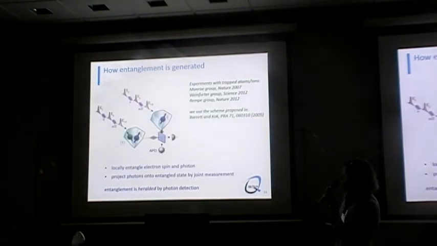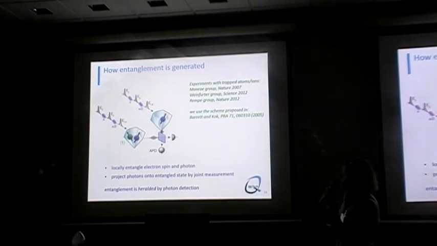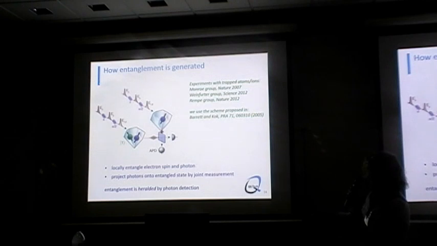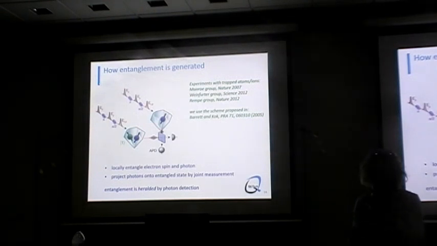So like I said, how is entanglement generated? From these diamonds, one can locally create entanglement between an electron spin in the diamond, which you can think of as just a 2-level system, a qubit, and a photon. The photon will travel to this intermediate station where one does an interference, projecting the 2 photons, basically performing a Bell measurement, which creates entanglement between the electron spin in the Bob diamond and the Alice diamond.